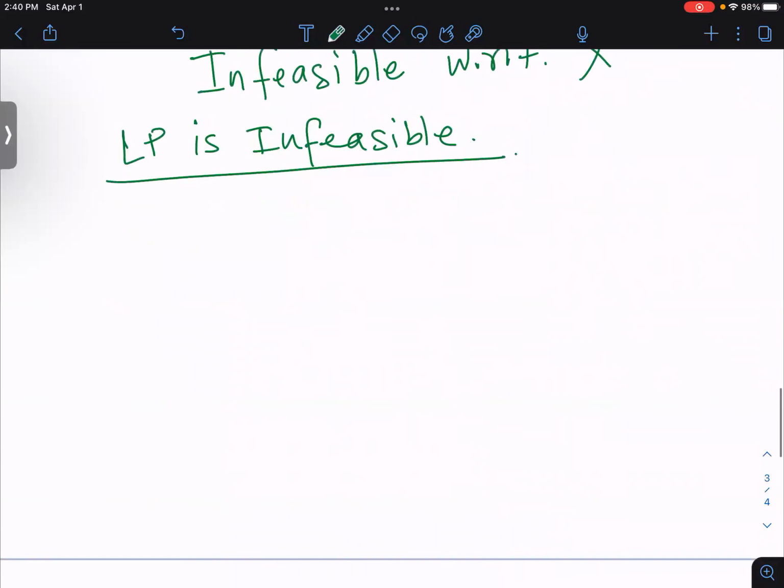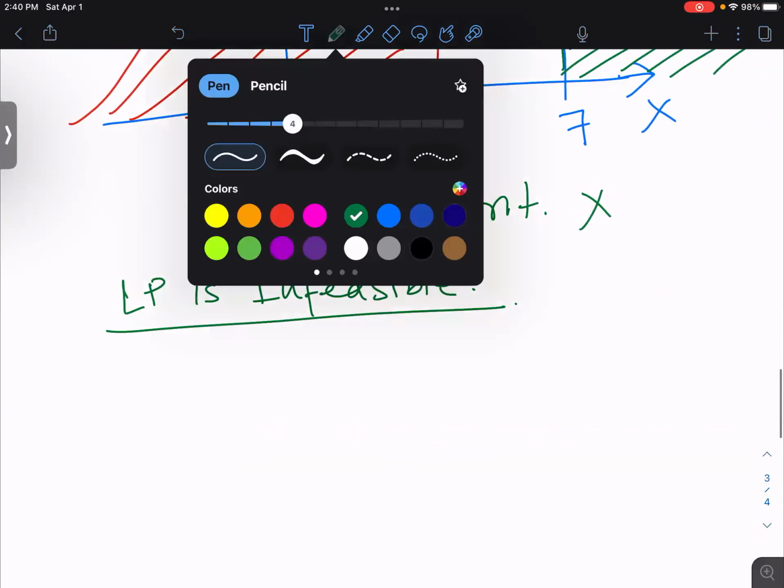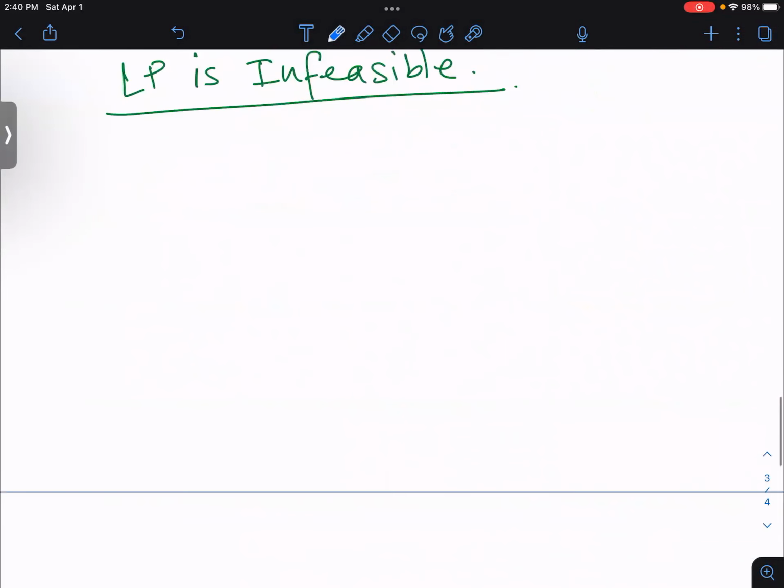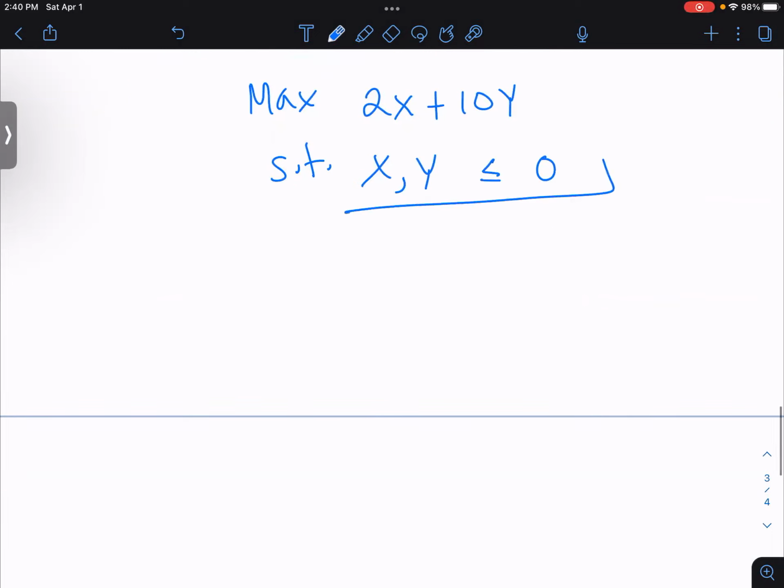Okay, so the other two problems that we did in the class, those were really simple, but just for completeness, I'm going to do those as well. So max of, I think, 2x plus 10y such that x, y less than or equal to 0. Now again, I'm only going to look at my constraints. So this constraint means x is less than or equal to 0.